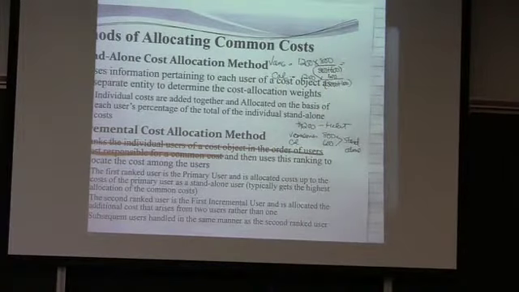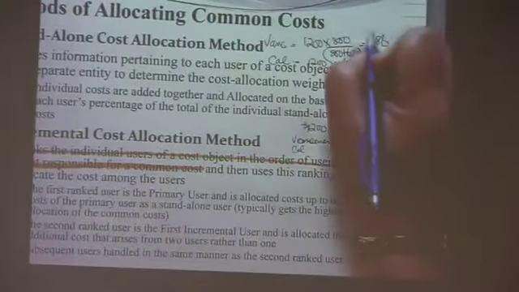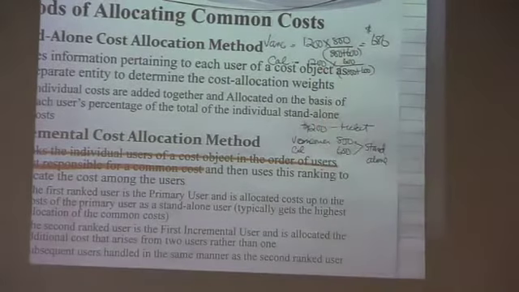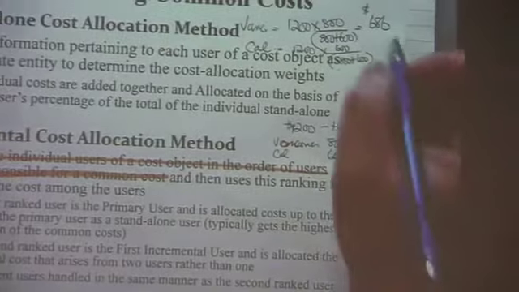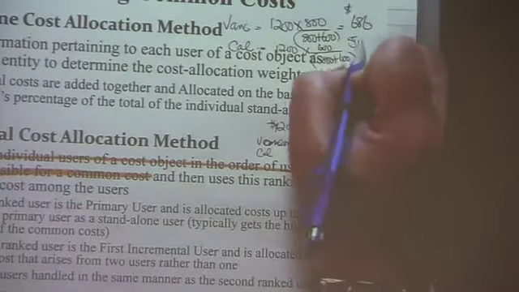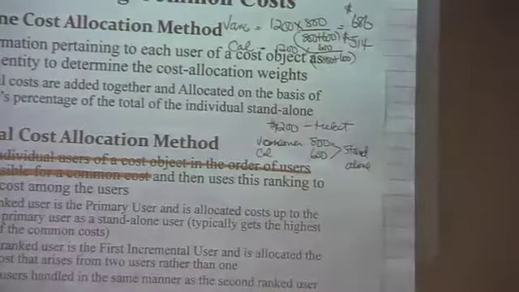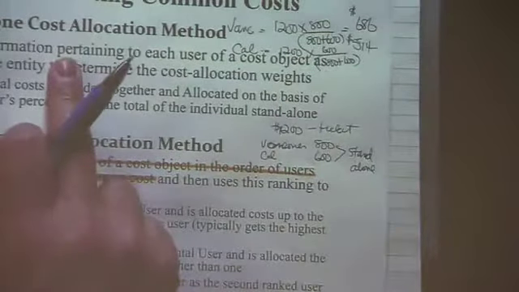Okay, so let's do the math. This would be $686, and the difference would be $514. So that's how much it would cost under the standalone cost method.